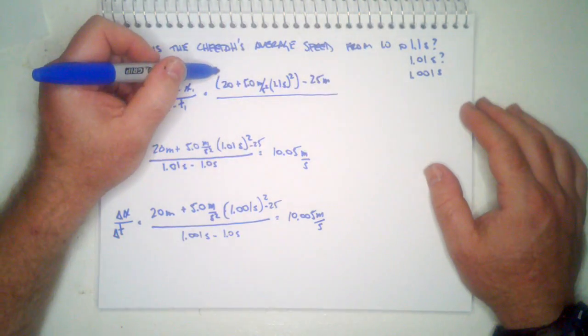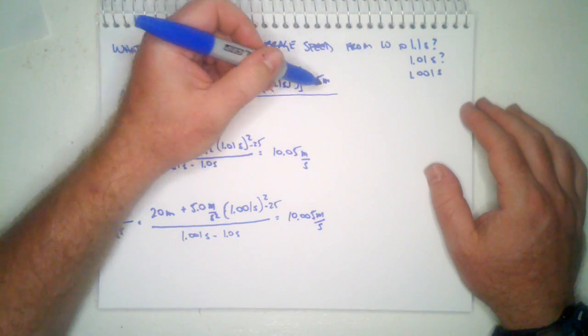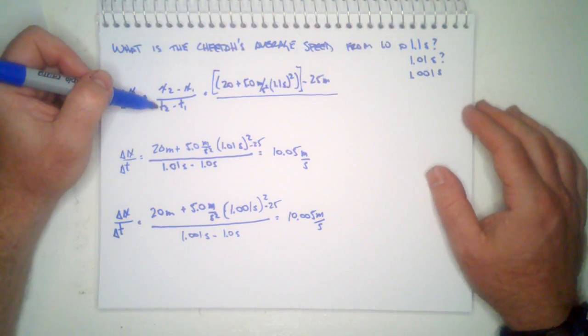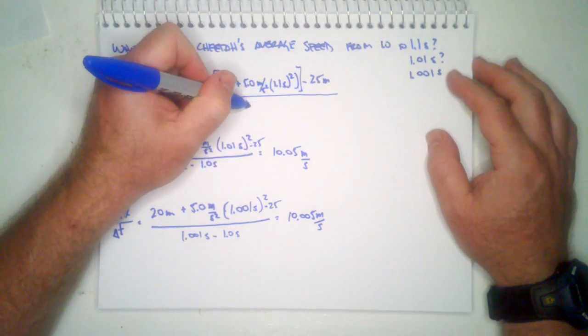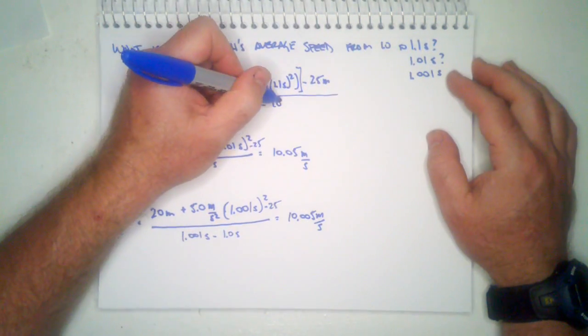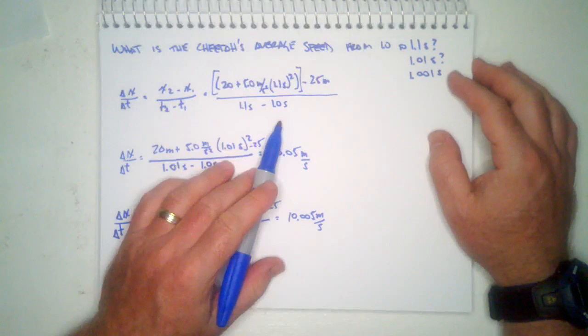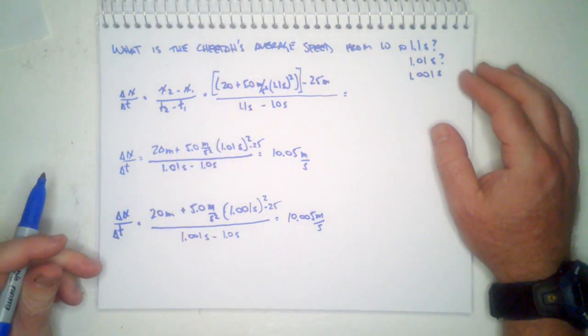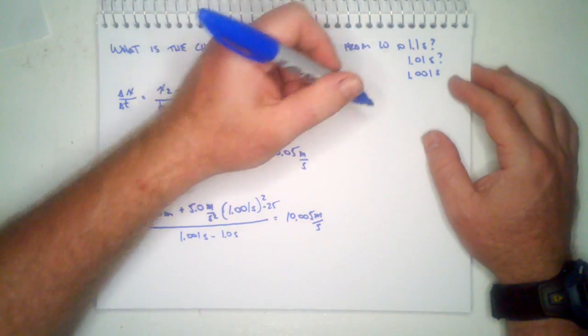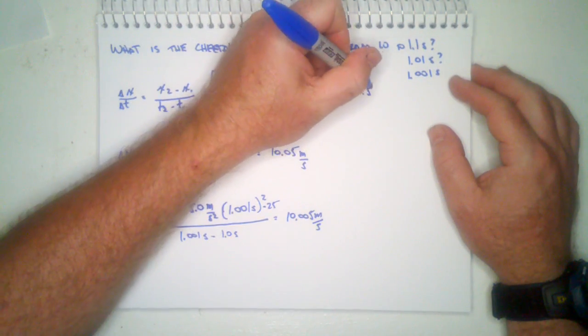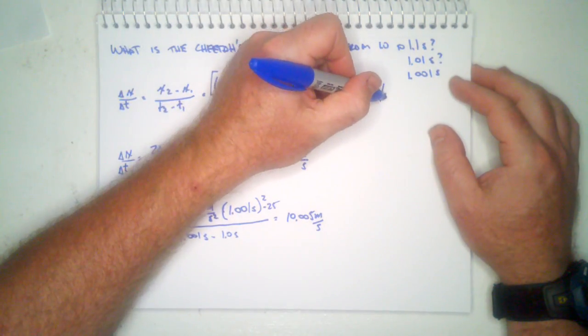So t2 is 1.1 seconds minus 1.0 seconds for t1. That's going to equal 10.5 meters per second.